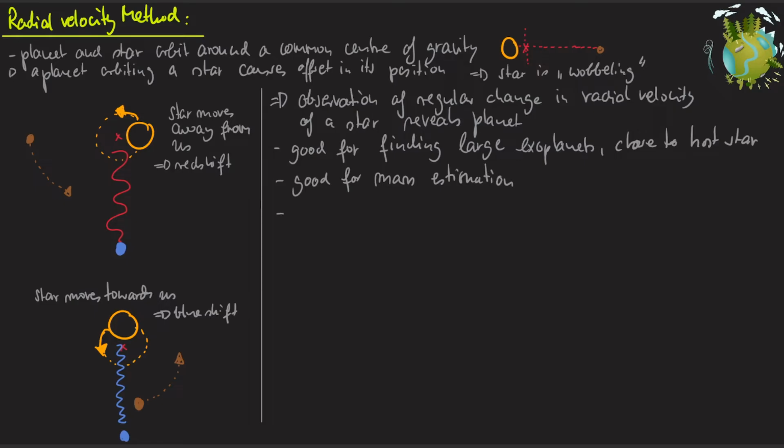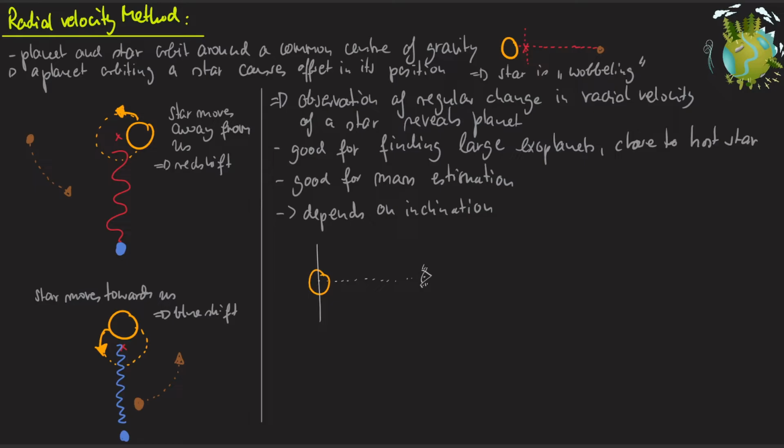It's also very good for mass estimation, since it relies on the influence of gravity, and it also depends on the inclination again. So we have the sun here, an axis. There is we, the observer, here.